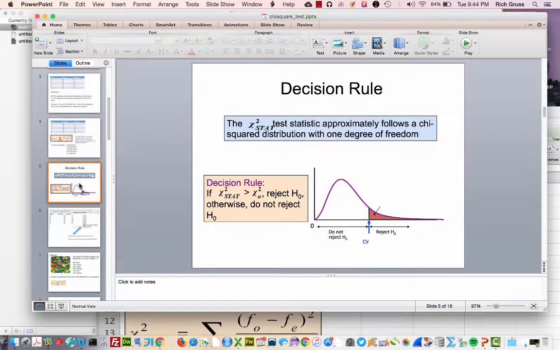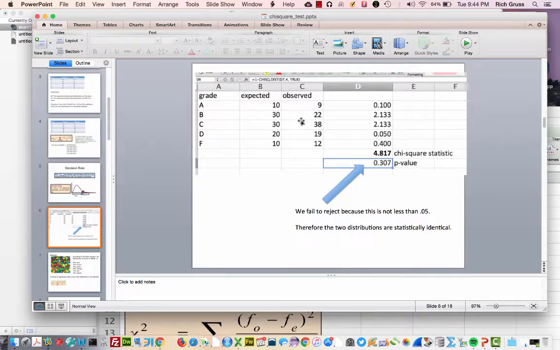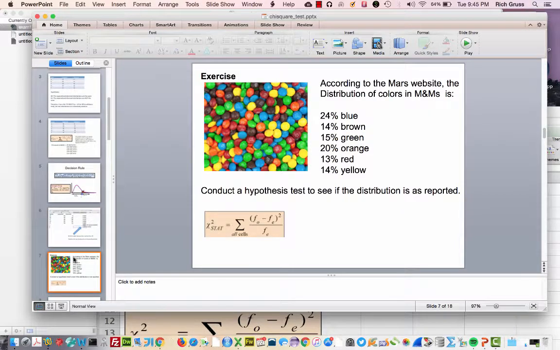Okay, and this slide just summarizes what the spreadsheet did. So the activity that I had planned for this involves testing whether the observed distribution in M&Ms matches the distribution as reported on the Mars website.